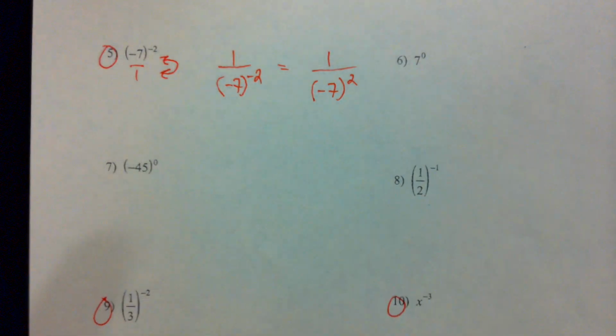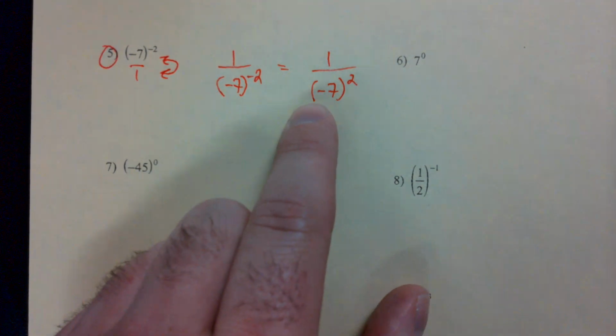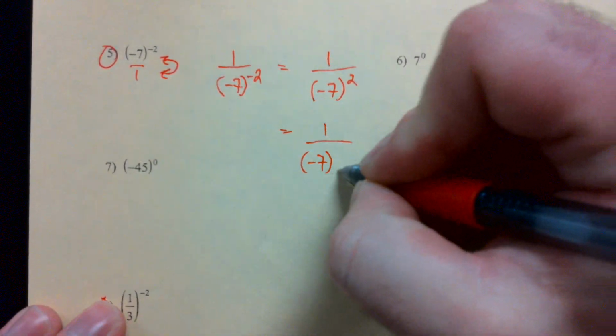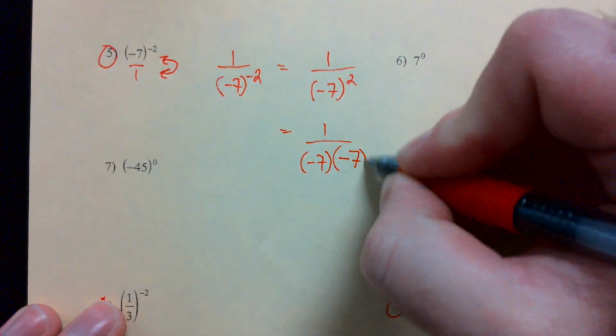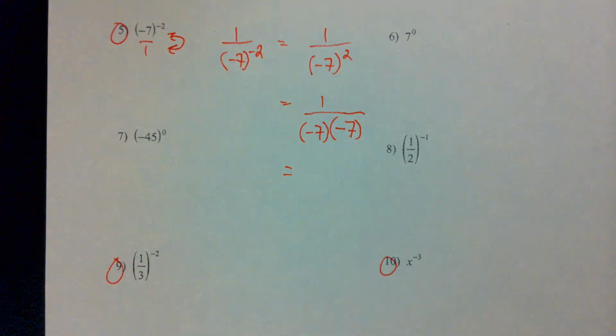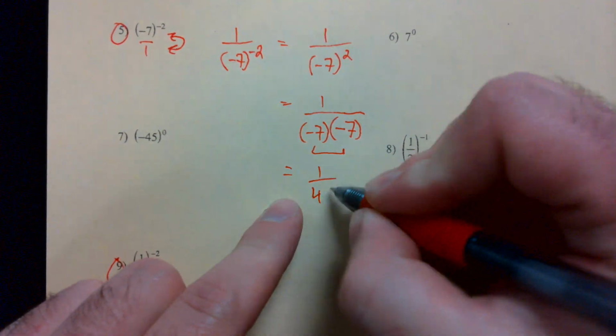Now this is where we have to be careful because we're not doing 7 squared. We're doing negative 7 squared, which is negative 7 times negative 7. Right? Anytime we multiply a negative times a negative, what is it going to give us, everybody? Positive. A positive. And what is 7 times 7? 49.